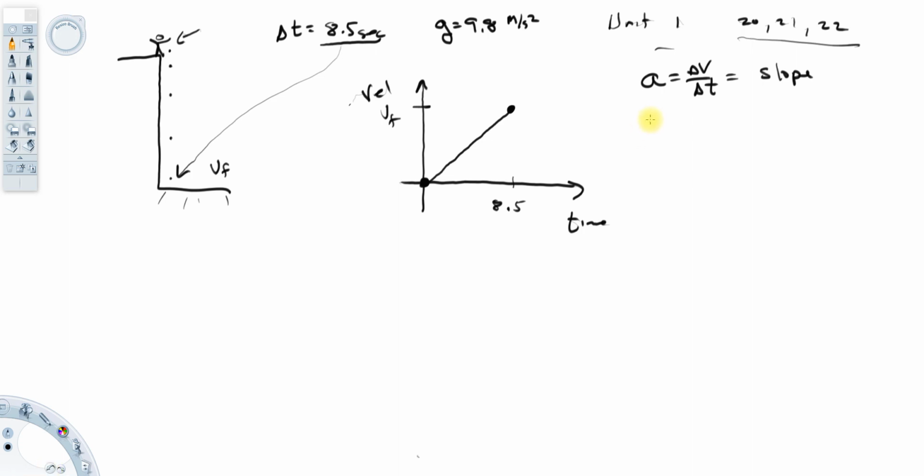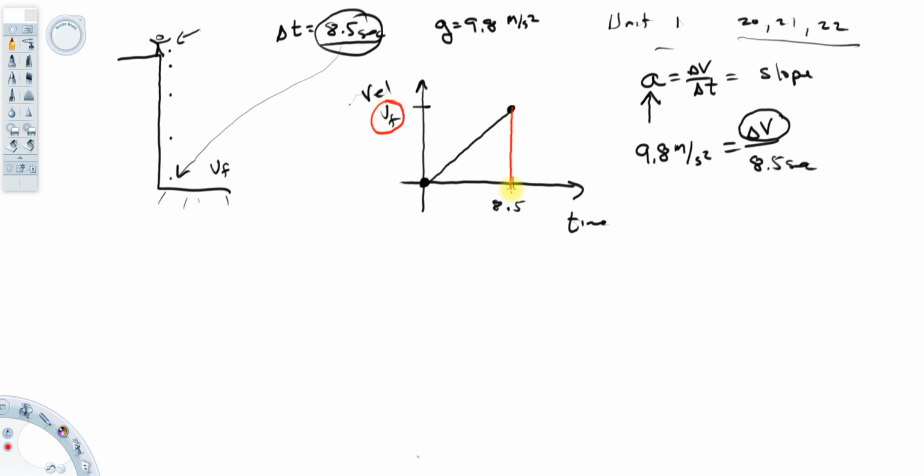For the acceleration, we're going to use 9.8 meter per second squared, and that's going to equal our change in velocity over our change in time, but our change in time is given, 8.5 seconds. So that's going to allow you to calculate your change in velocity. Now once you have that, that's equal to your V final, and that's equal to this distance on the graph.